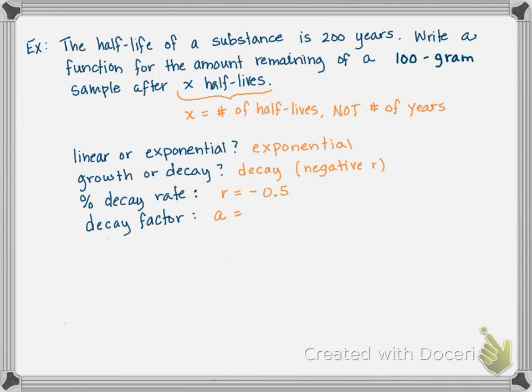Are they the same in this problem? Look at your piece of paper, so that when you do your homework, you'll look at the piece of paper. How is the decay factor related to the decay rate?